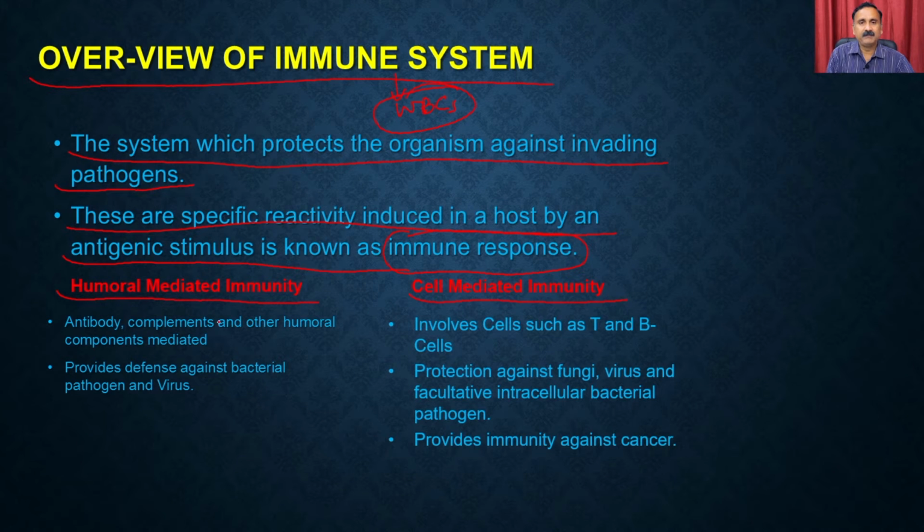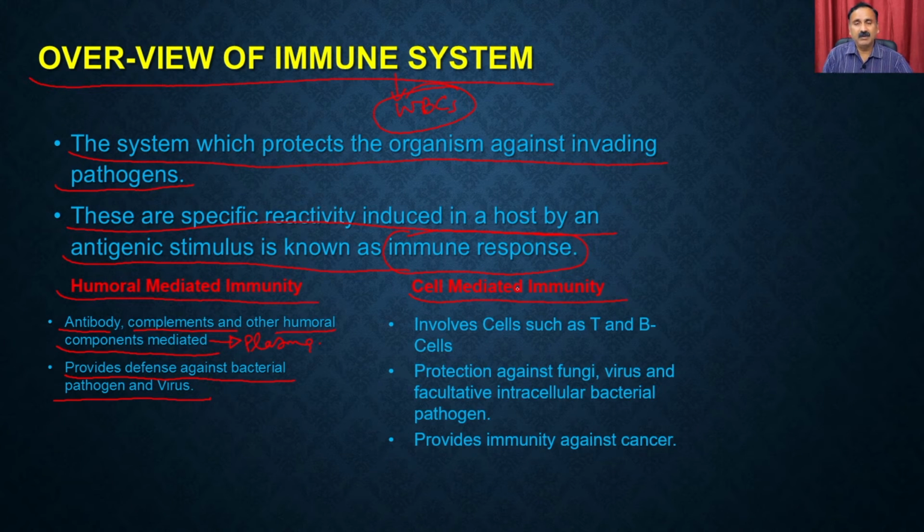In a humoral response, the body takes help from antibodies, complements and other humoral components present in the plasma. So this happens in the plasma, and these components are responsible for providing the humoral response, mostly defending against bacteria as well as viruses.